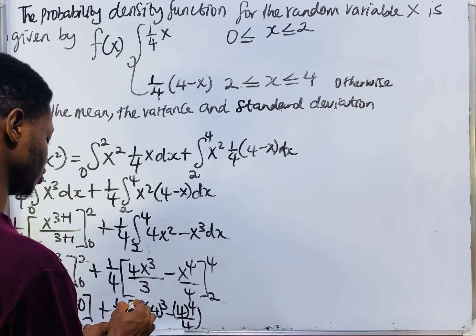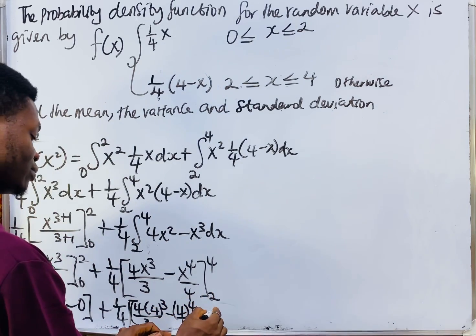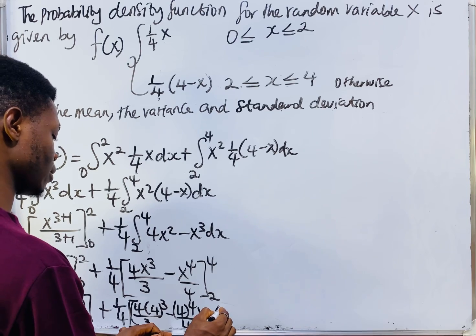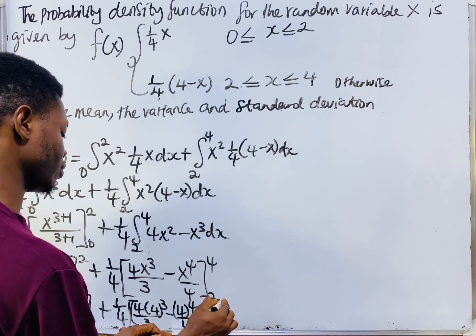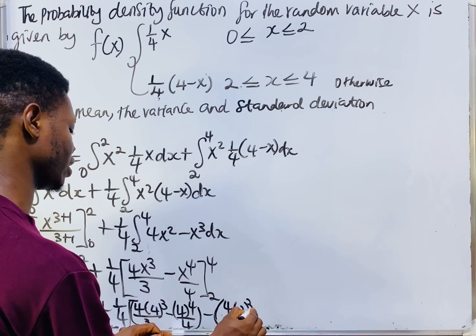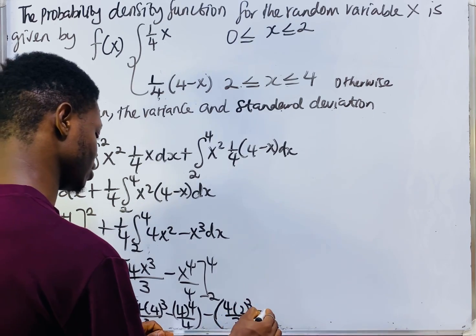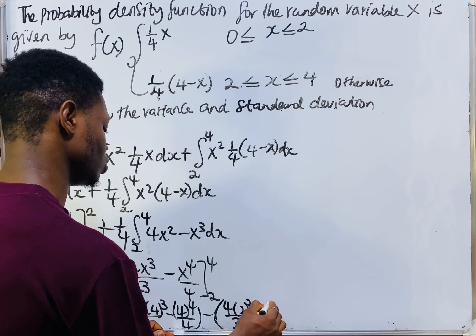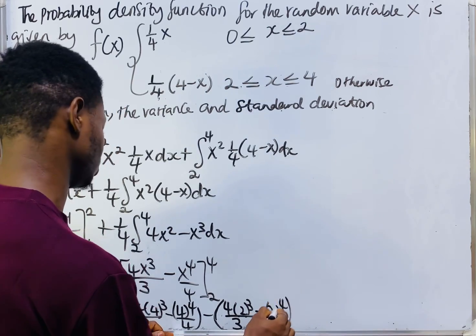I will close it with parentheses. Then minus, anywhere we see x, we put 3. We put 2, sorry. 4. So we're having what? 4 times 2 to the power of 3 all over 3, right? Then minus 2 to the power of what? 4 all over 4. We close it.